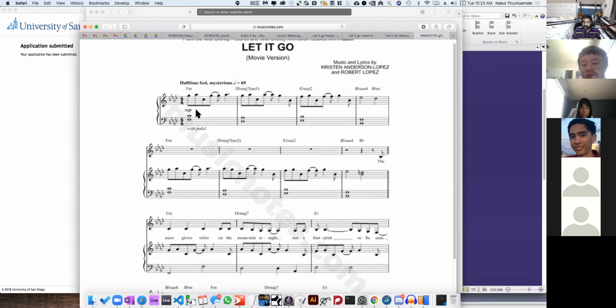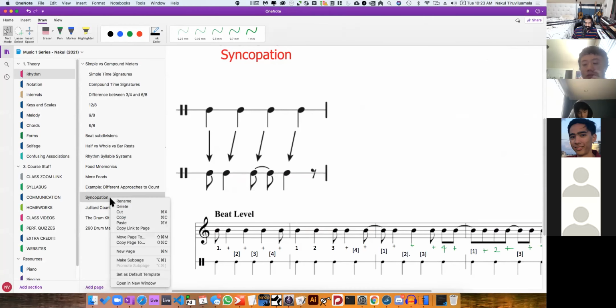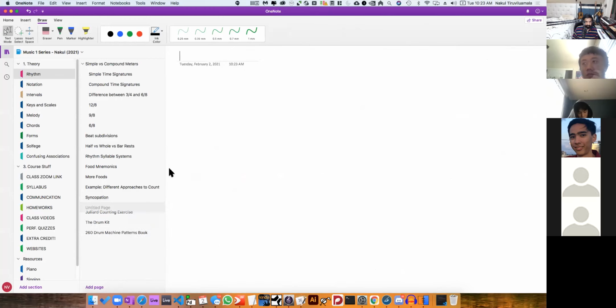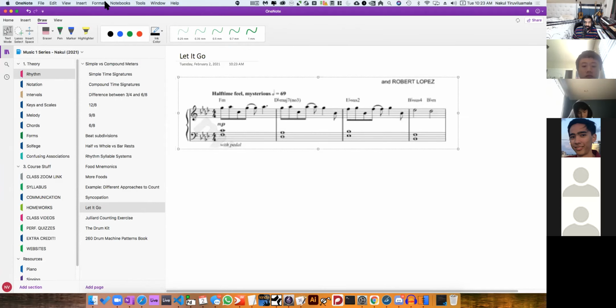For instance, if I brought this into our handy dandy one note, Let It Go, and I drew this out, this would be 1 and 2, and then here I'm obfuscating beat 3.